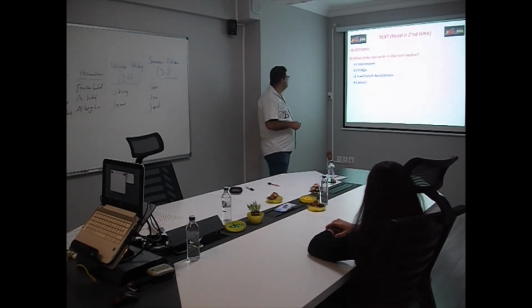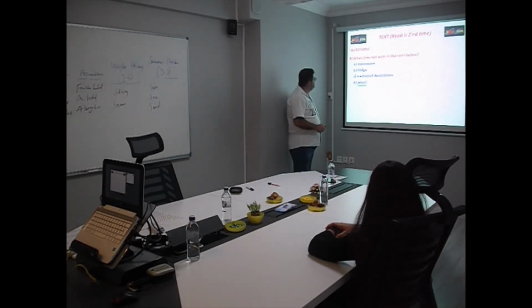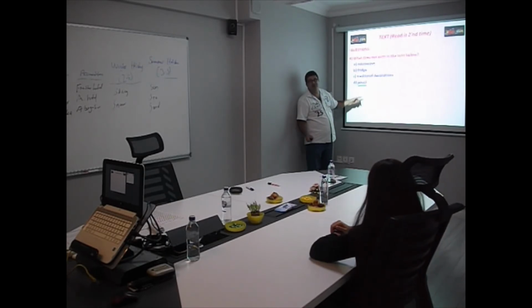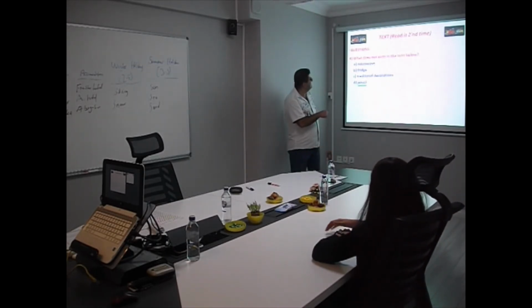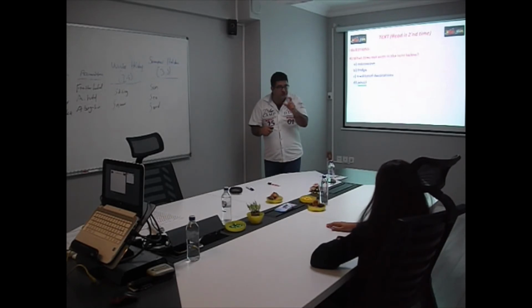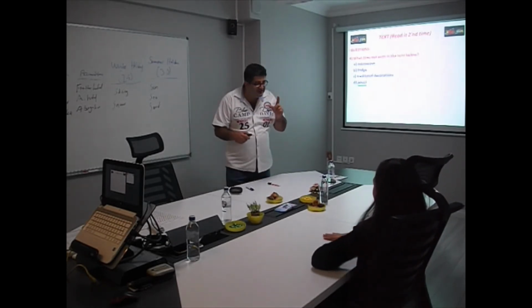Yes, it is full of traditional decorations, but I made it a jacuzzi. Oh, okay. The question says, what does not exist? It has a microwave, fridge, traditional decorations, but jacuzzi, no, in a tent. So we should read the question attentively.